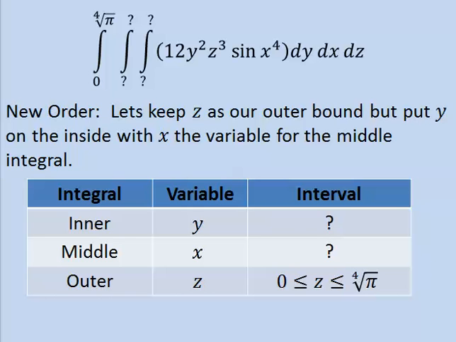Once we have got at least a small handle on the solid, we want to think about changing our order of integration. I'm suggesting that we keep z on the outside. That means that our bounds for z stay the same. And I'm recommending that we switch the order of x and y. So given a value of z, just looking at values of z, how does x vary?